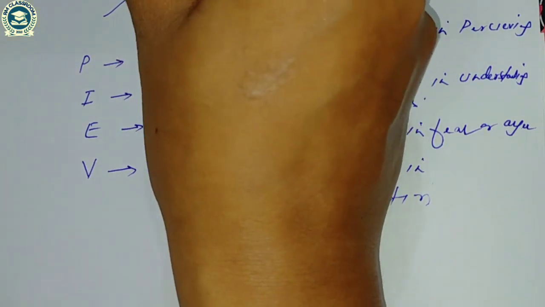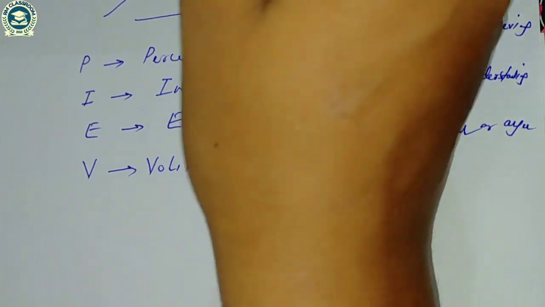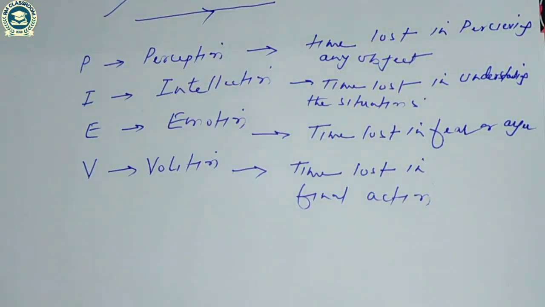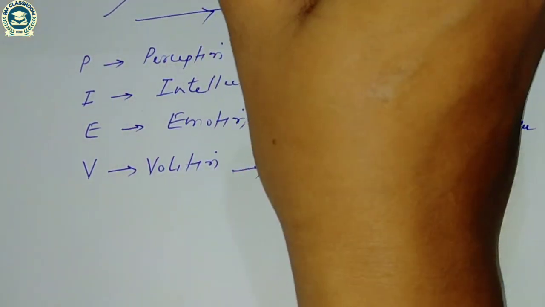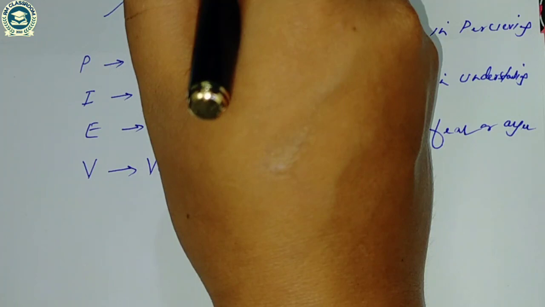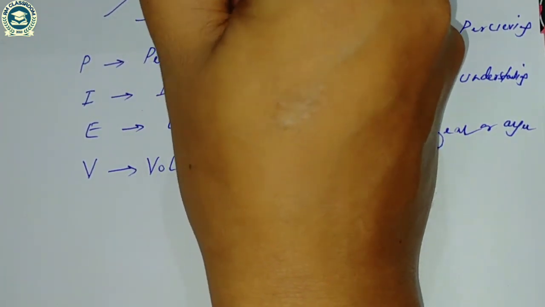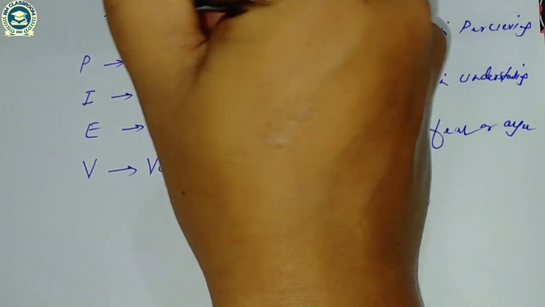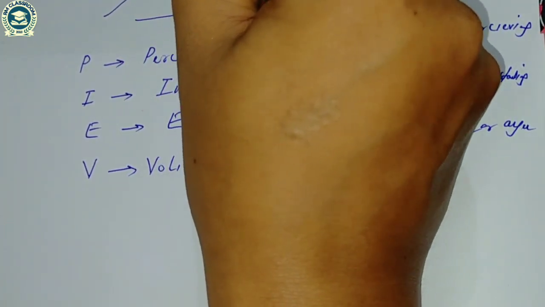This is our brain. In the brain come intellection and emotion, this is P and this is volition, then the spinal cord or nervous system.